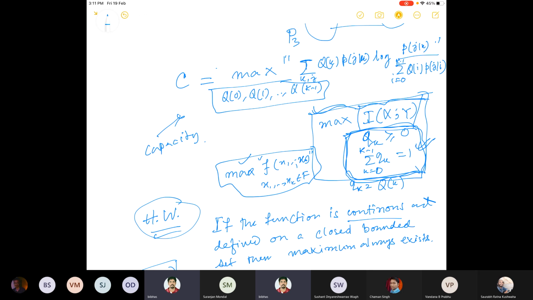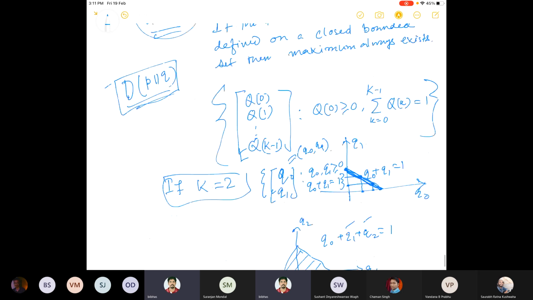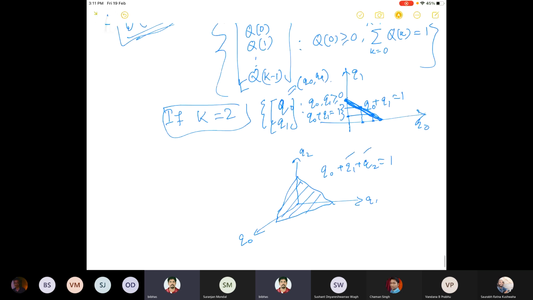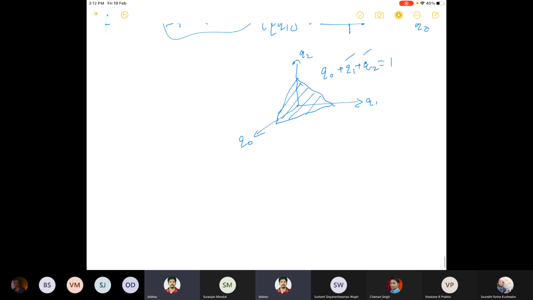That's why this is very, very fundamental. Before going to proving the converse or the source coding theorem, we need to develop a little bit and prove some results.